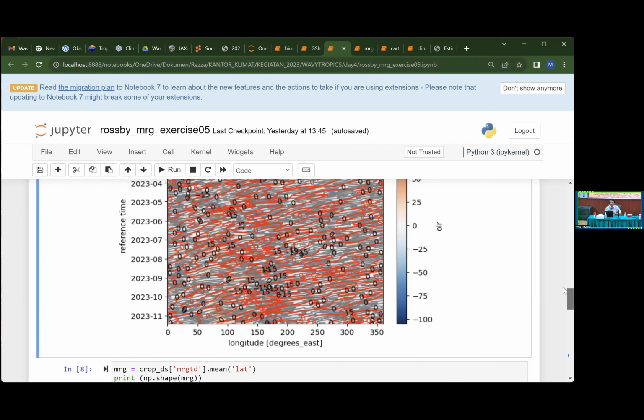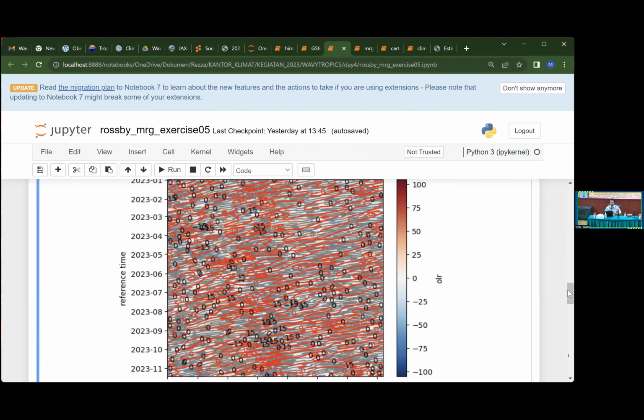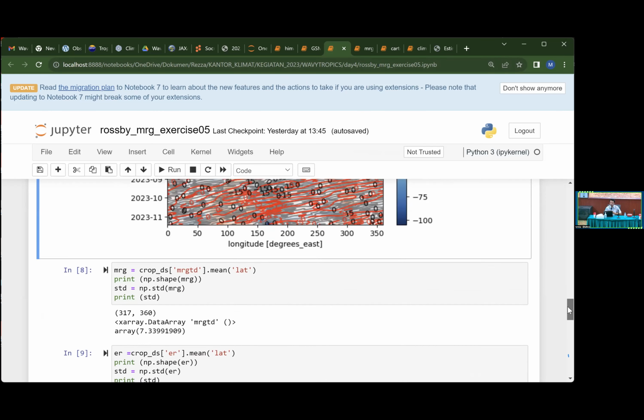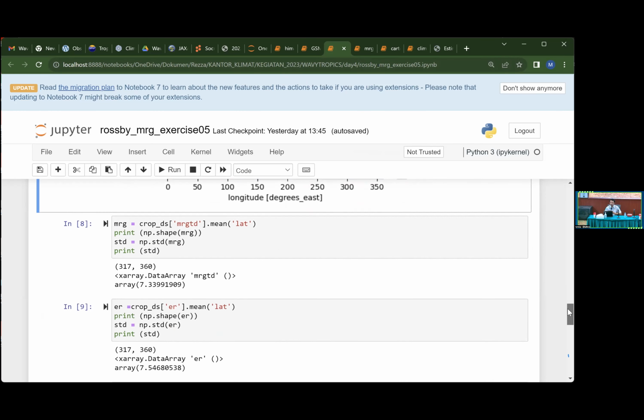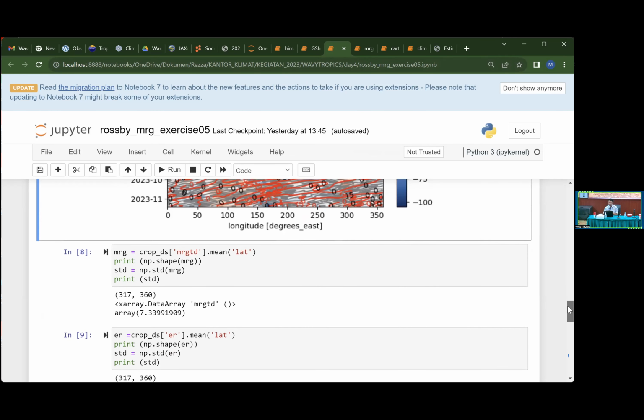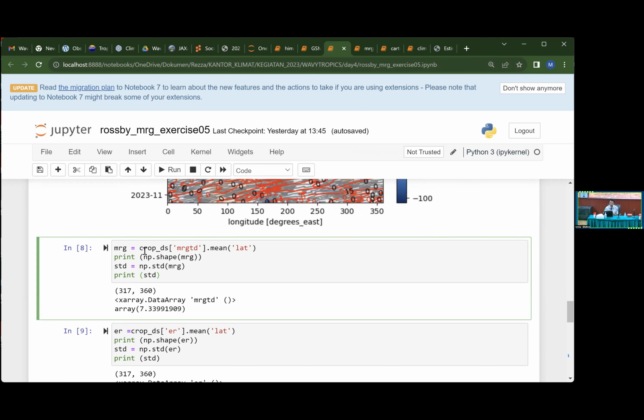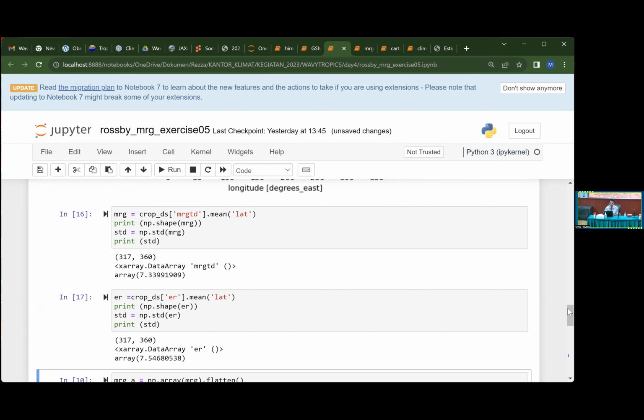And the positive values become the dry phase. It is easy to calculate. For example, we calculate the MRG and the standard deviation for the whole region, and also equatorial Rossby.